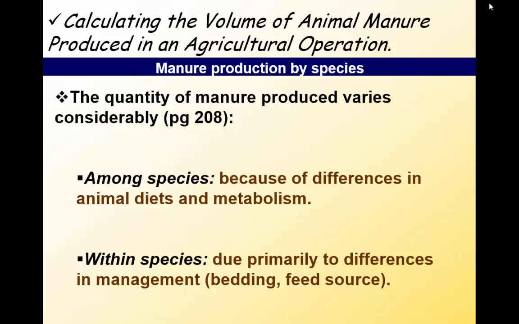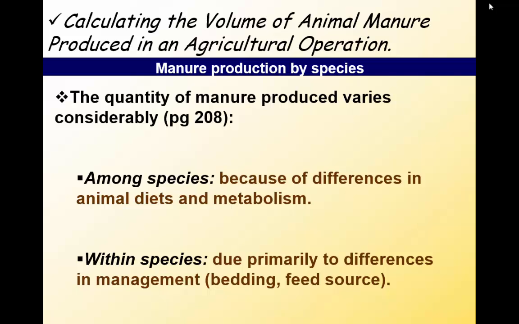So this comes back to production. How much manure can an animal create on the farm? Well, it depends on the animal type. There is variability among species because of differences in animal diets and metabolism. There's differences within species due primarily to differences in management, bedding, and feed source, which we'll talk about.